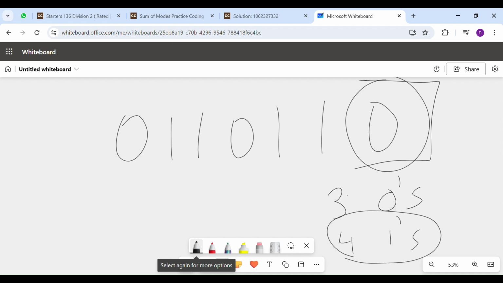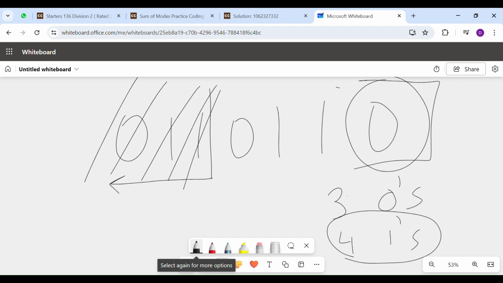So for all those indexes by which previously there is one extra one, if I remove that part of the array, then the remaining array becomes a substring having number of modes equal to 2, right?